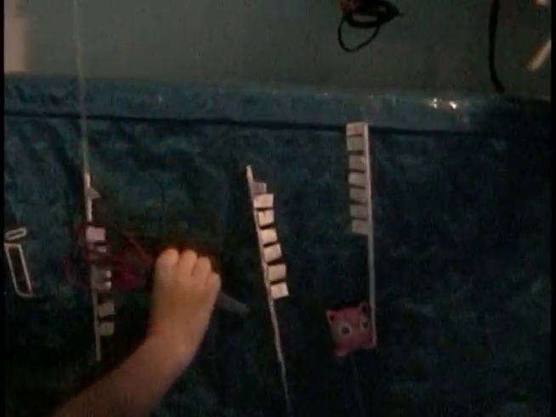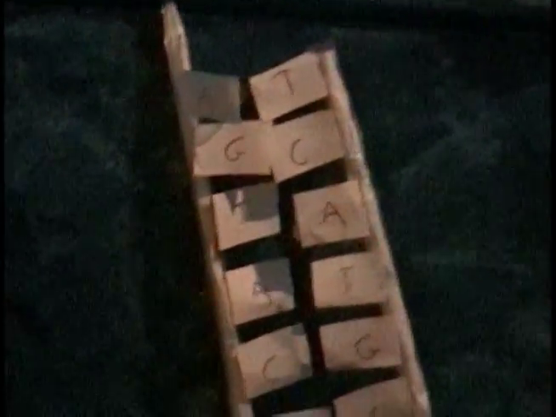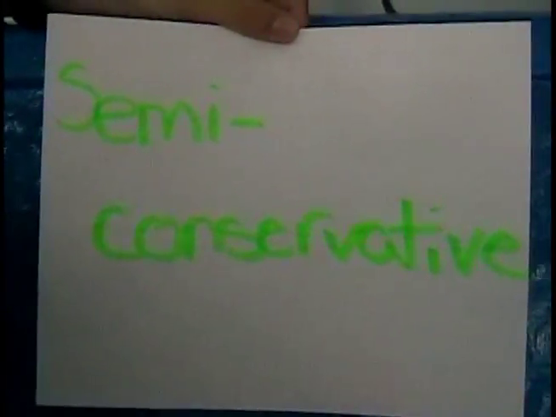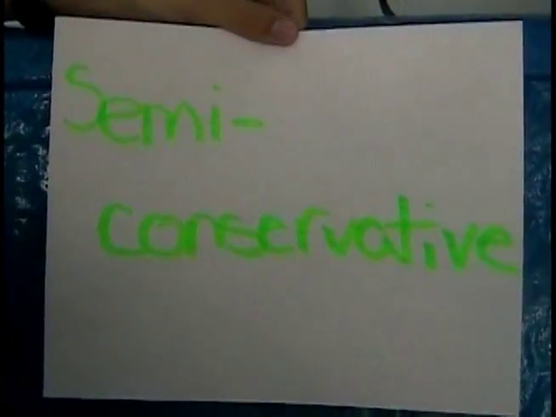And by using the base pairing rules, they will unite together, A with T and C with G. Then the polymerase glues them together. This process is also known as semi-conservative.